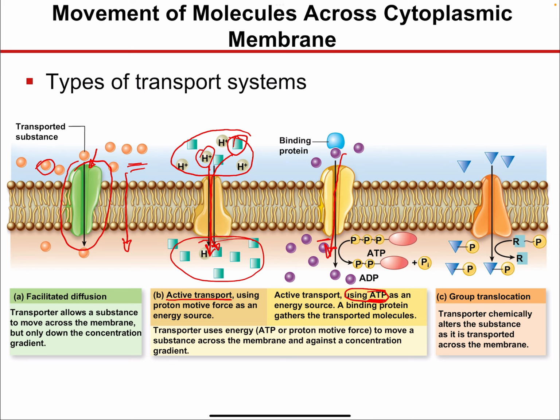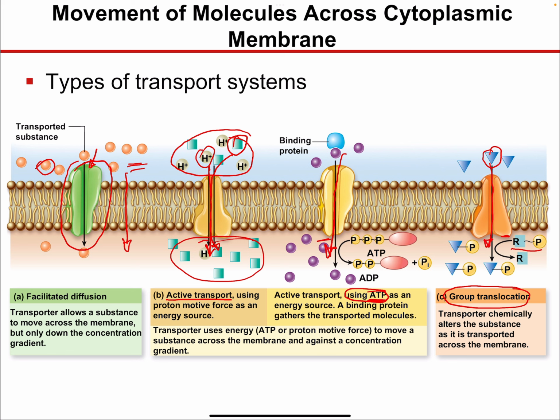Okay? And finally, the other type of transporter I'm going to talk about is what we call a group translocation. In a group translocation, you have one molecule right here that carries a phosphate. That molecule is going to activate a transporter so that when that transporter is activated, it is going to allow a chemical in.